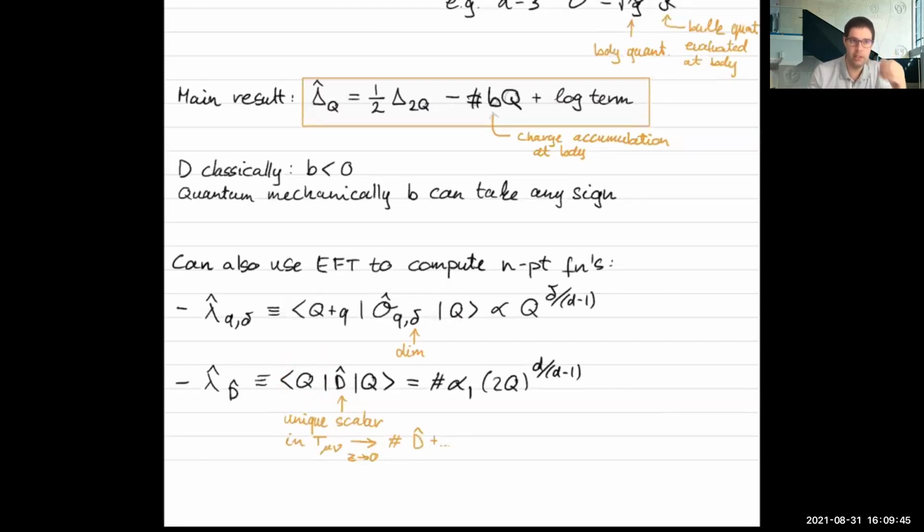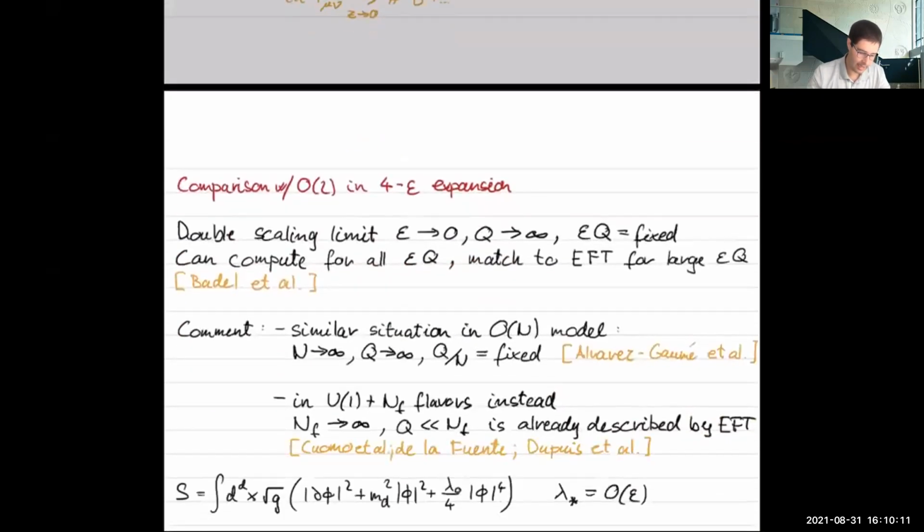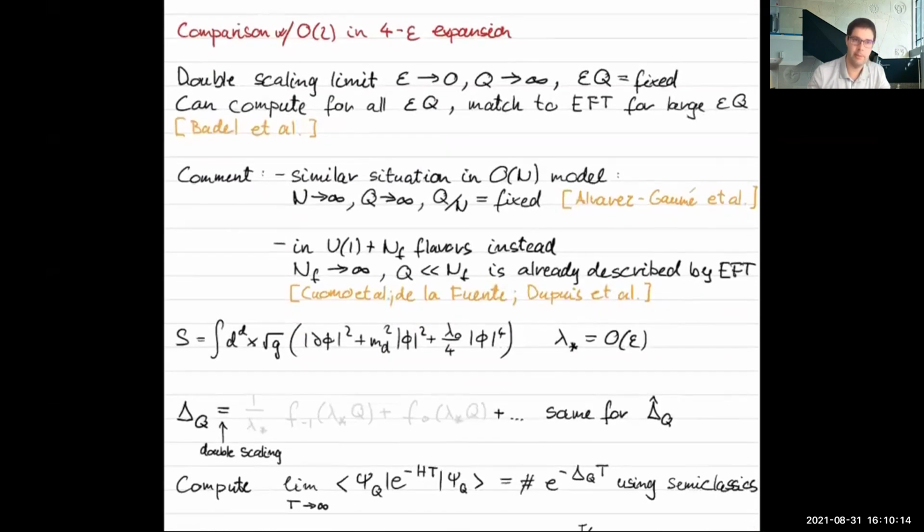It's analogous to the stress tensor matrix element in the bulk CFT, and we get the same alpha 1 with some coefficient times 2Q to the d over d-1, and we computed this number here. I won't write it down. So this is what the EFT can do for you. At least this is what we've done with it. Maybe there are other applications that you can think of.